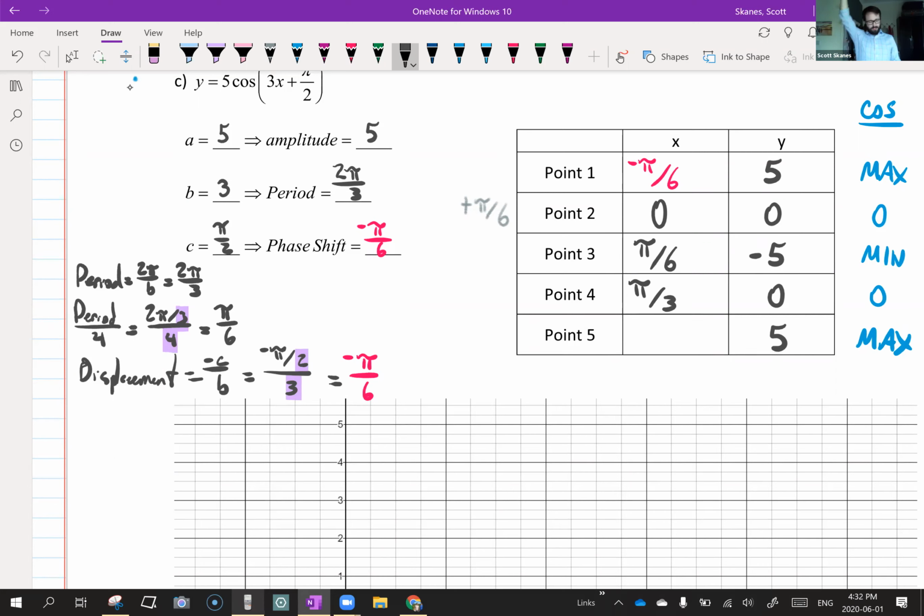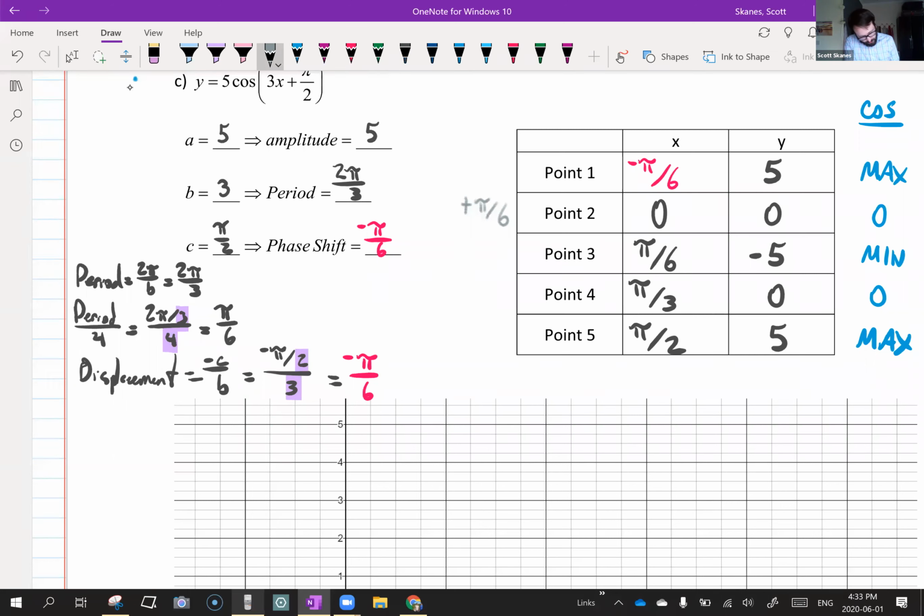What's 2 pi over 6 plus pi over 6? It's 3 pi over 6, which is pi over 2. And of course, you can do it on your calculator or on paper, whatever way makes you happy. I'm just doing it in my head.